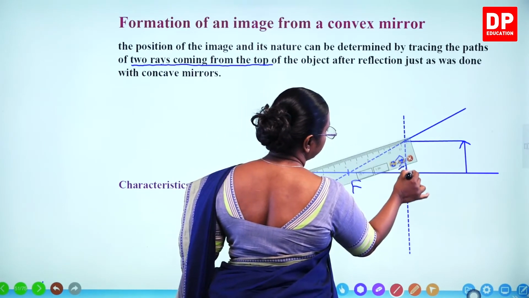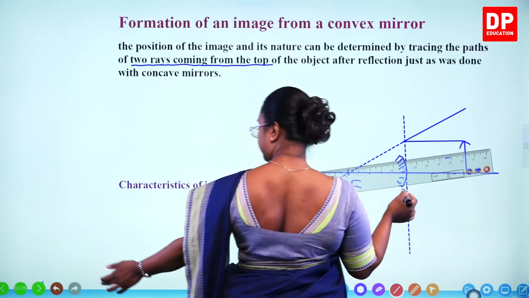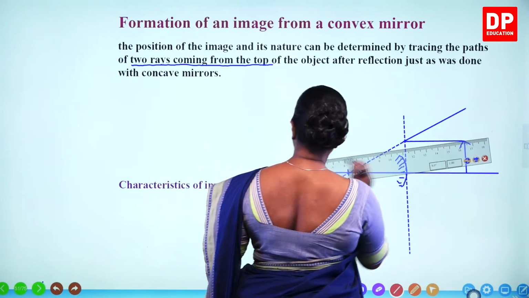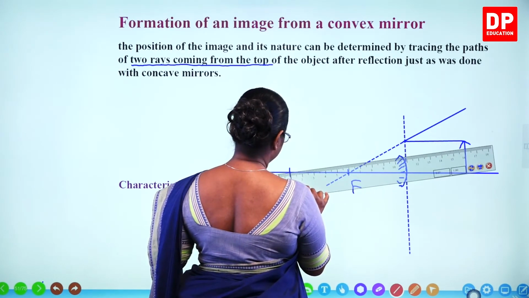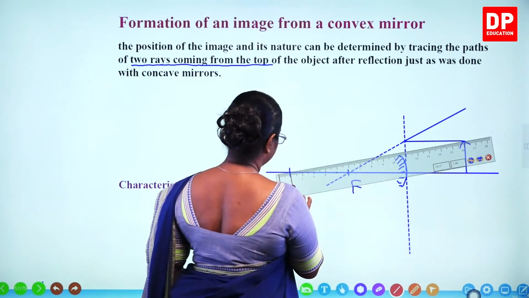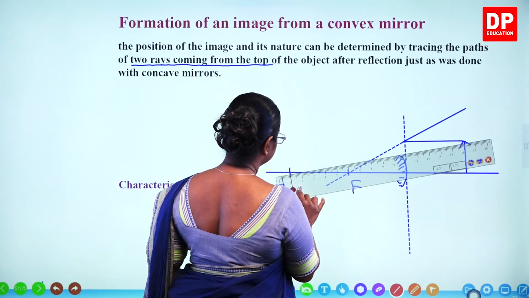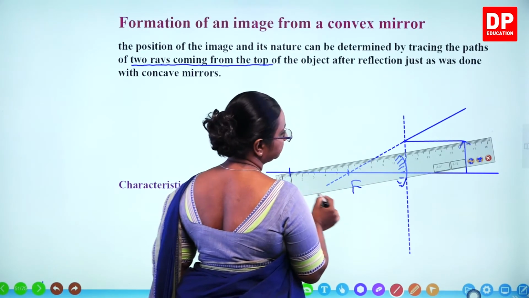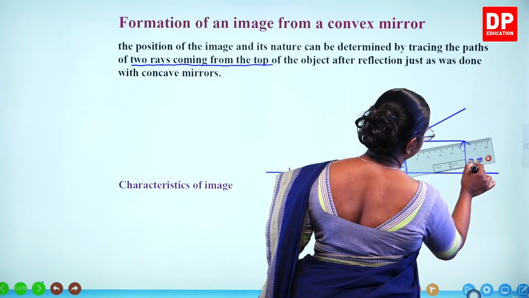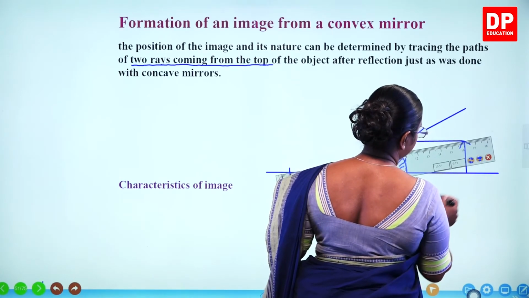So I will use a ray that is coming towards the center of curvature. I have to place it in such a way that it goes through the center of curvature and, at the same time, goes from the top of the object. Right.